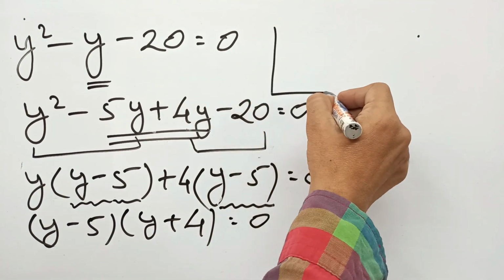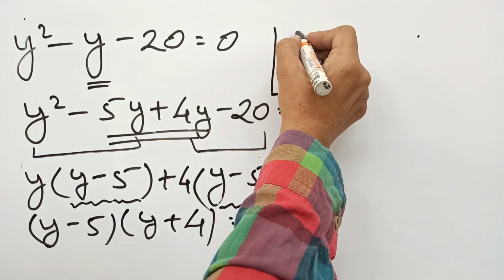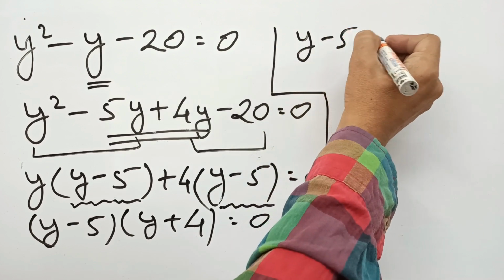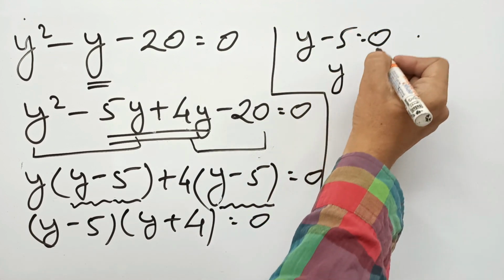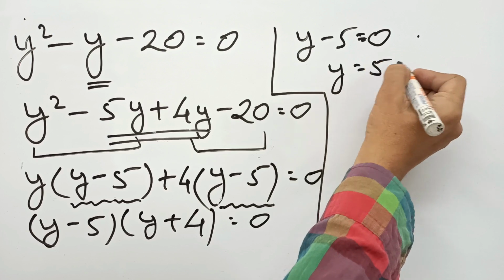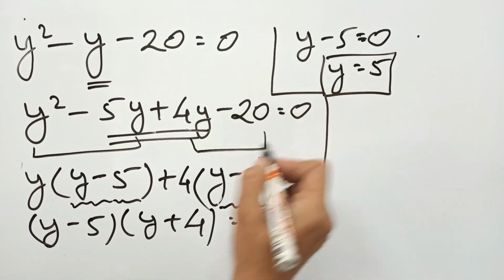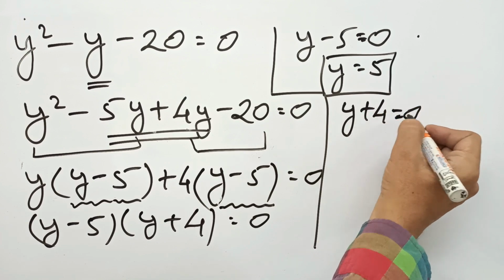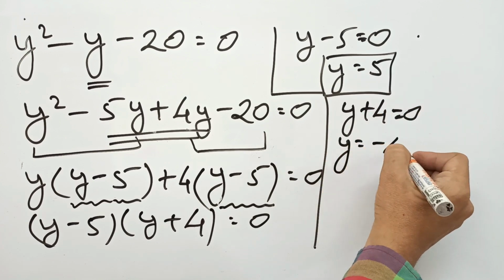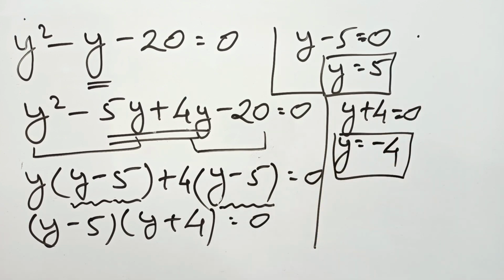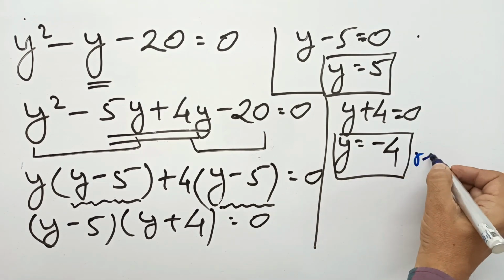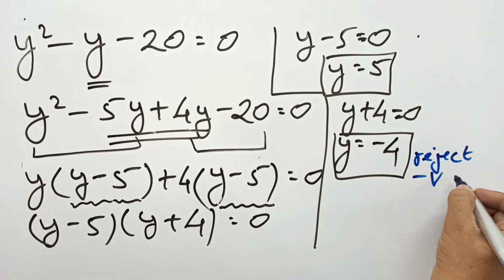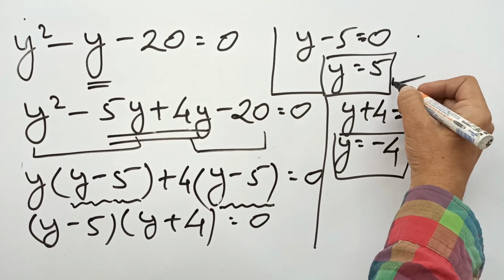One by one, let us put this equal to 0. y minus 5 is equal to 0 will give us y is equal to 5, and y plus 4 is equal to 0 will give us y is equal to minus 4. So we will reject this negative. We will consider y is equal to 5.